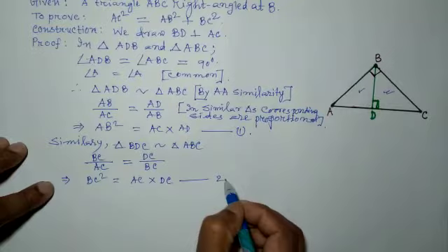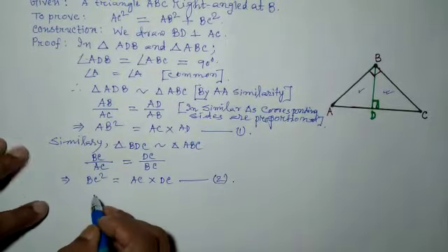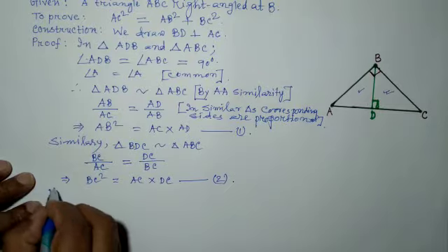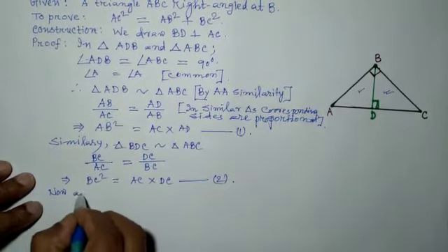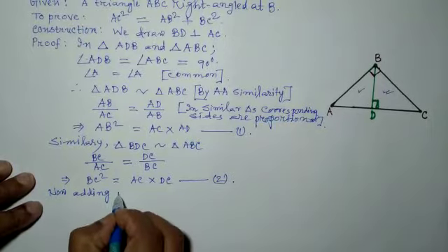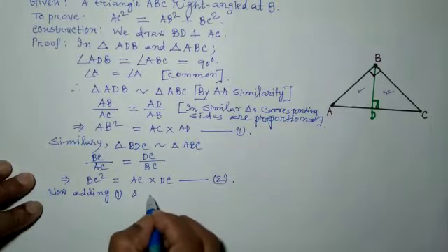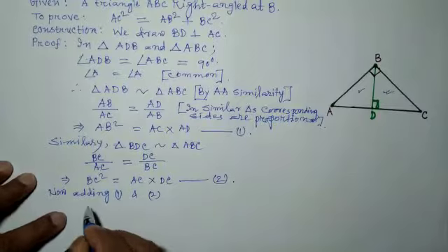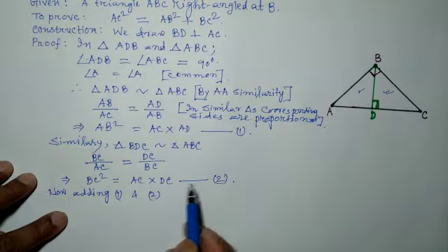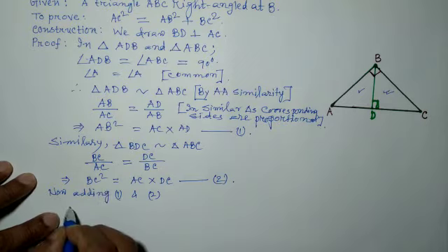This is number 2. And now we add this number 1 and number 2. What do we get? Number 1 left side AB square, number 2 left side BC square. We add left side with left side.